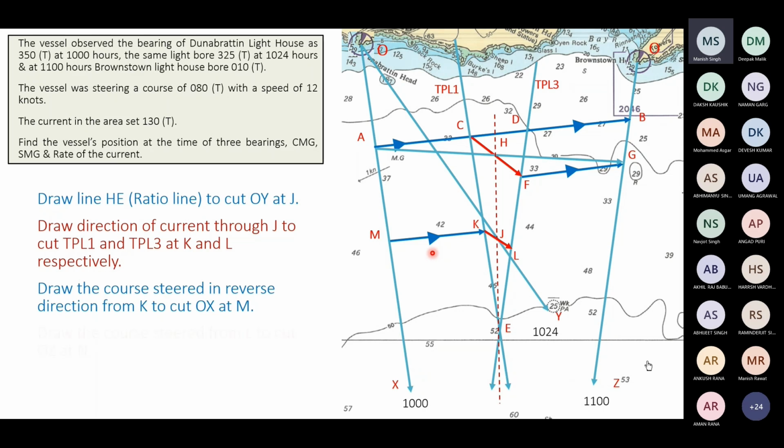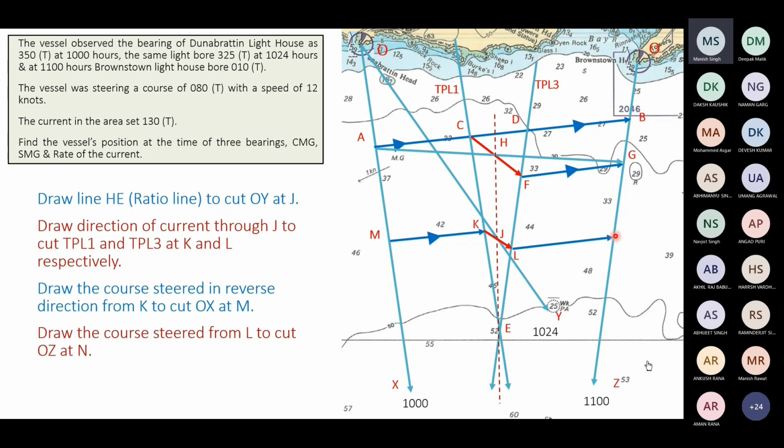Moving on to the next step now. I keep my parallel ruler aligned with my course steered, that is 080 direction, and now transfer it to point L. So from point L, I'm going to draw a course steered line in the ahead direction. So from point L in the direction 080, I have drawn my course steered vector.